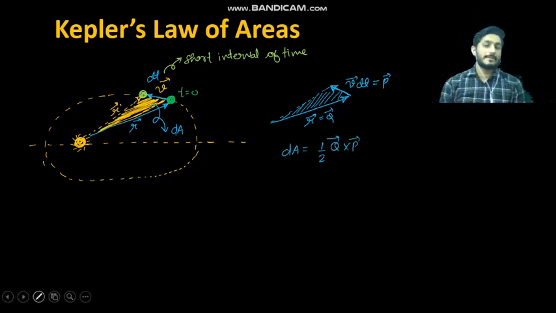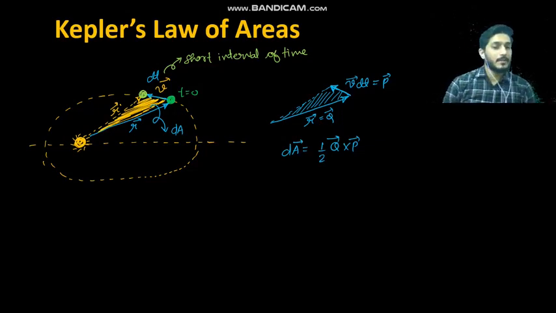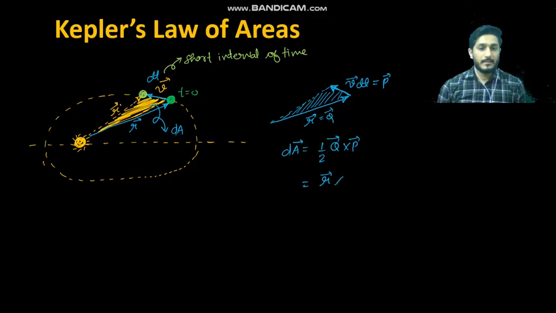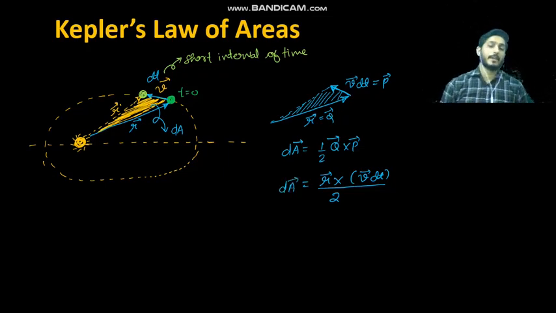It's a very simple concept from the fundamentals of vectors. So dA is half q cross p. Here q we can replace by r vector, and p can be replaced by v dt. This is half of the area of the parallelogram which we studied in vector class. A cross b by 2 is the area of the triangle.